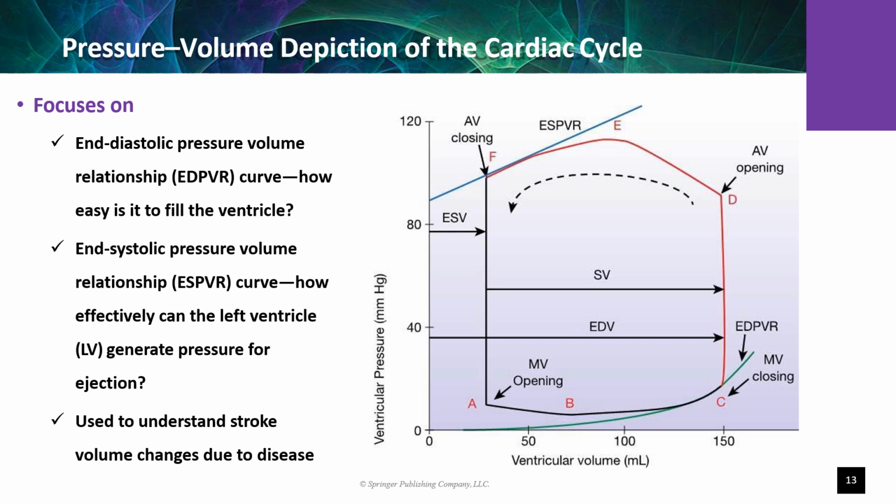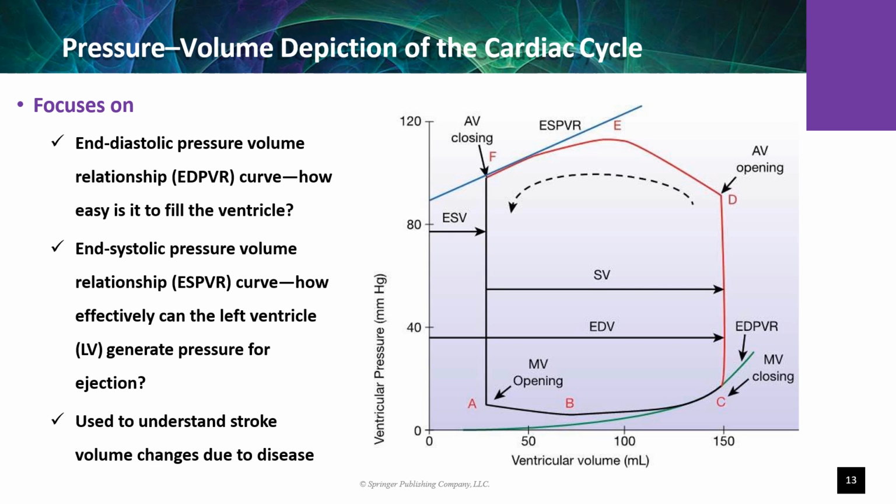After the ventricular contraction is maximized in point E, the pressure drops with the start of diastole. Point F, when the ventricular pressure is lower than the aortic pressure, the aortic valve closes.